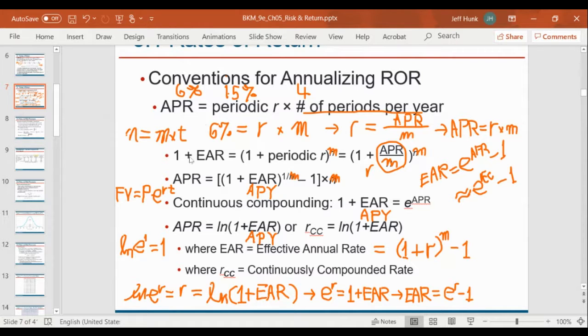By annual rate by itself, there's no distinction between simple rate and compound interest rate. But the APR comes in when we have multiple compoundings per year.